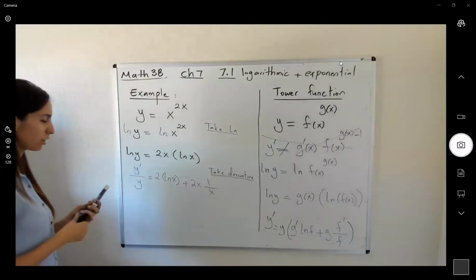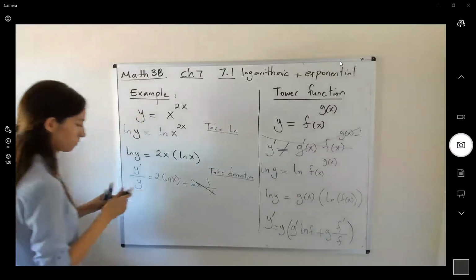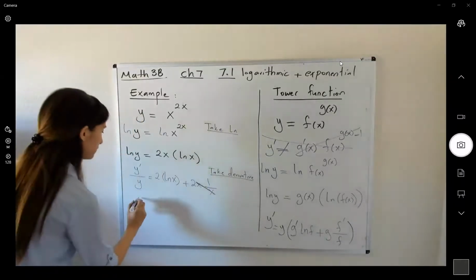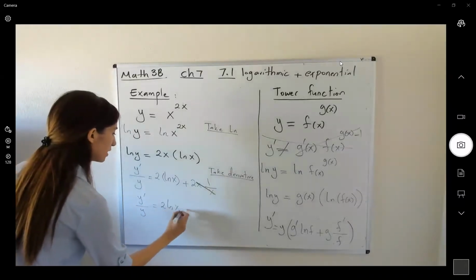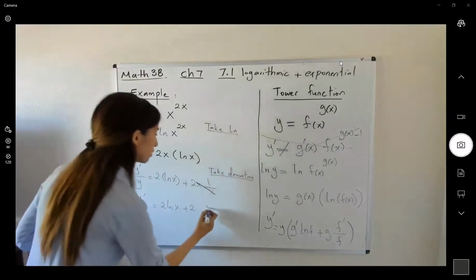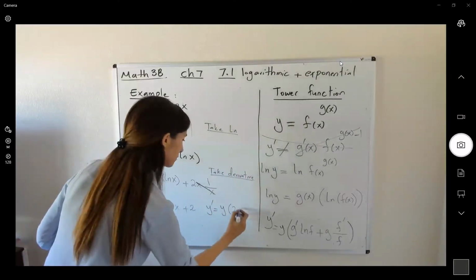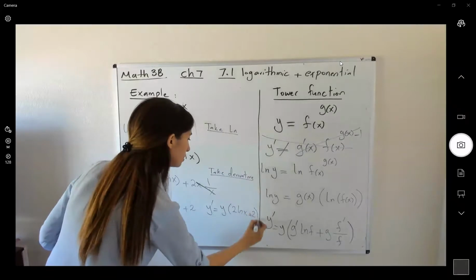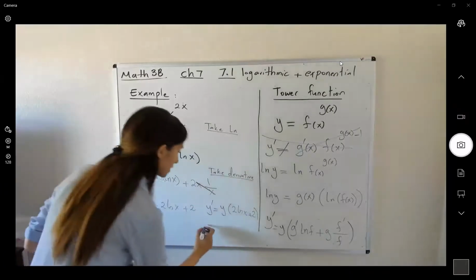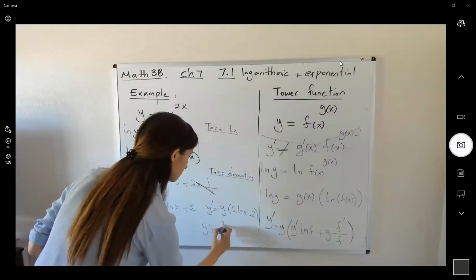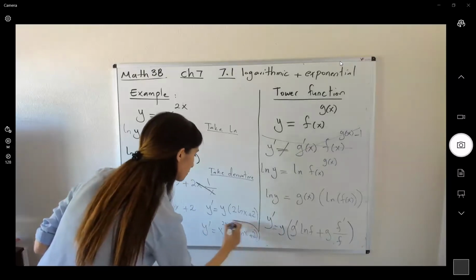We can simplify this function. We can cancel out x and x. Y prime over y is equal to 2 ln of x plus 2. So the derivative of the function is equal to y times this expression, 2 ln of x plus 2. But what is y? Y is this power function, x raised to 2x, times 2 ln of x plus 2.